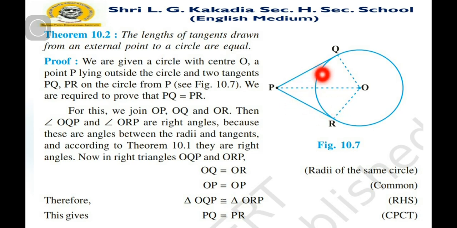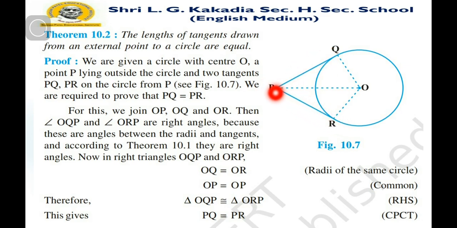So here we are given two right triangles. By the congruence rule we can prove both triangles are congruent, and then we can compare PQ and PR and say that PQ and PR are equal.